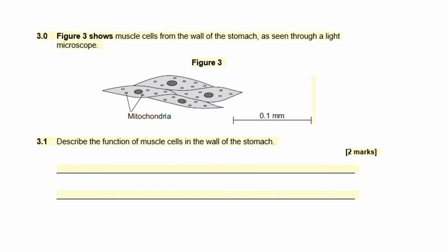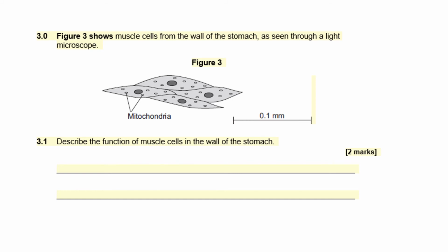You can say mix the food, you can say move the food, you can say to churn the food, you can say to mix with stomach acid or enzymes, or you can even use the word peristalsis, which is the contraction of the muscles pushing the food along. Any one of those will pick you up the second mark.